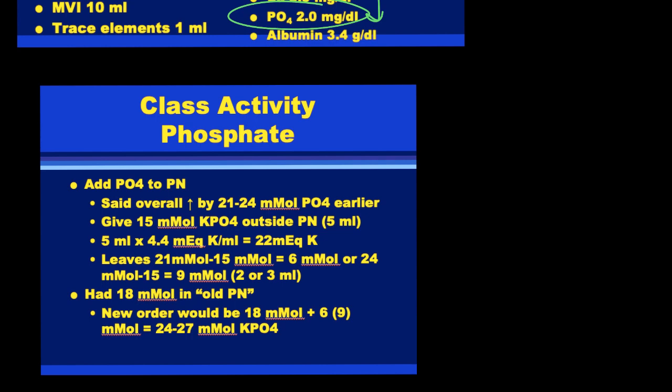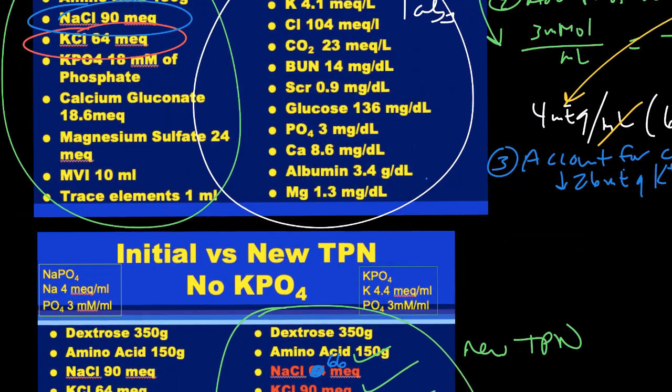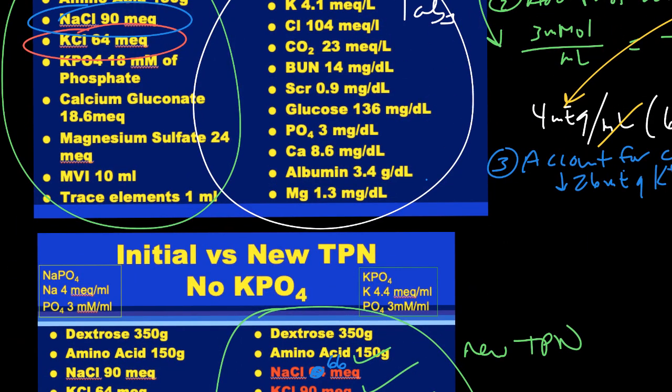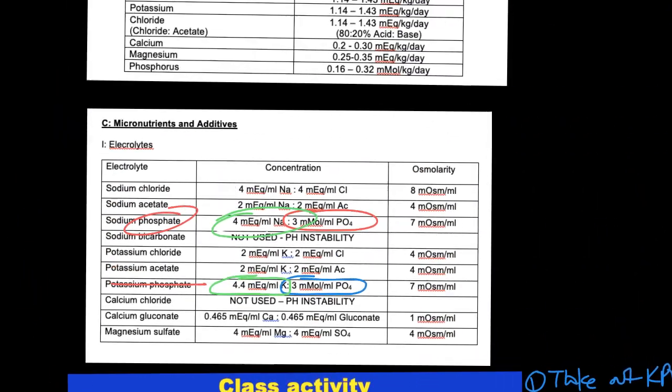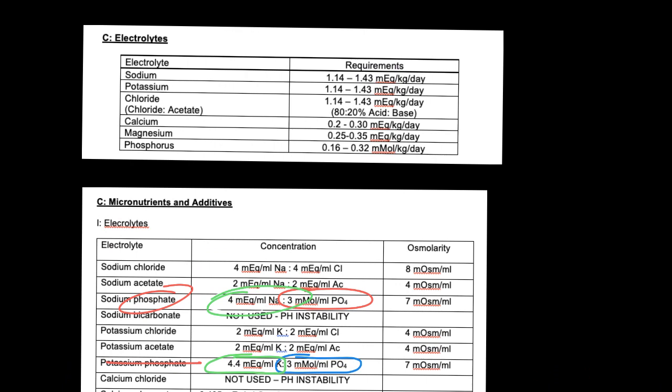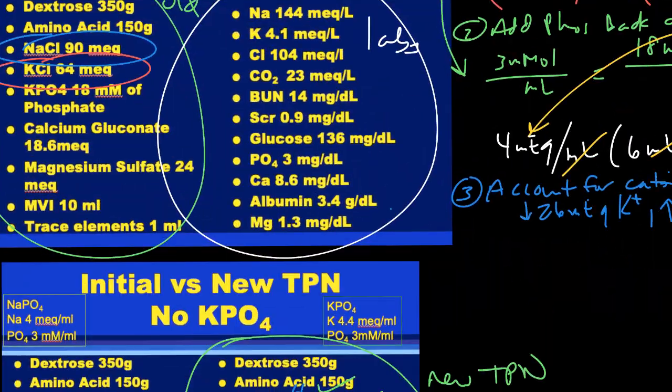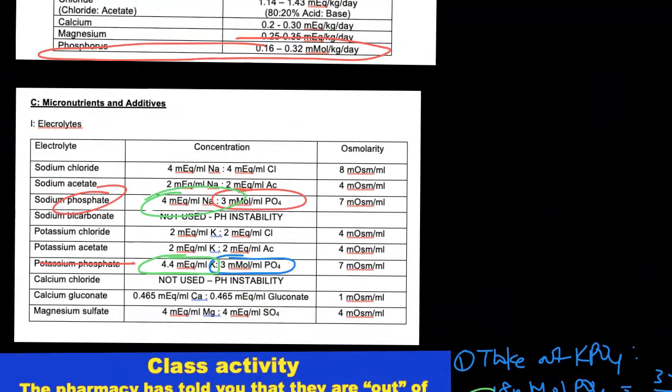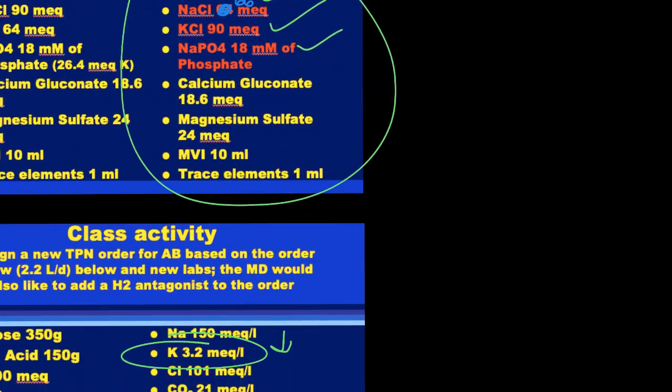Let's see. So you want to increase by 21 to 24 millimoles of phosphate, as we said earlier. So if you look up here, you know your phosphorus requirement is 0.16 to 0.32 millimoles per kg per day.